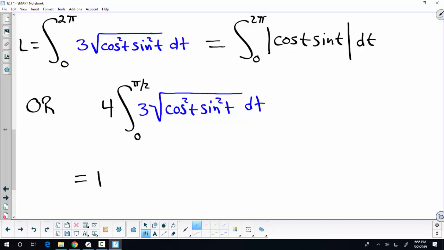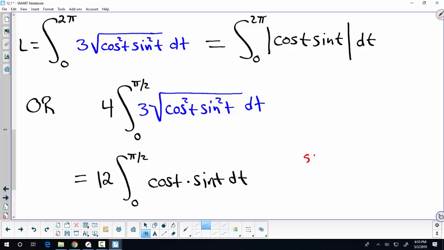Okay. So let's write it out like this. We have 12 times the integral from 0 to pi over 2 of cosine t times sine t dt.